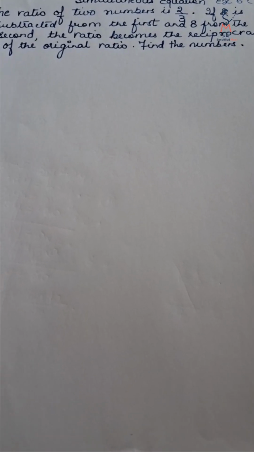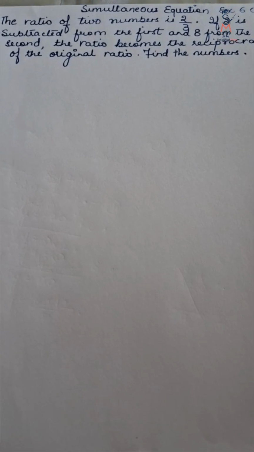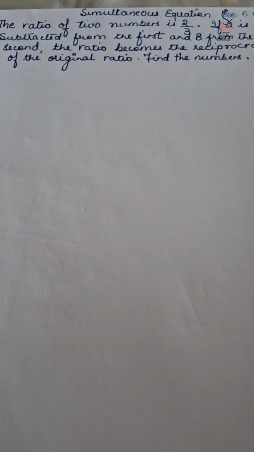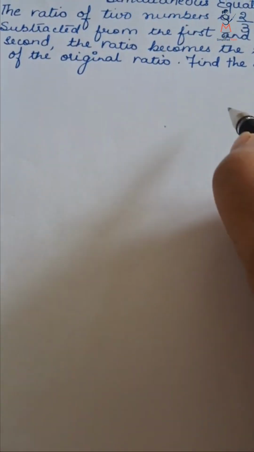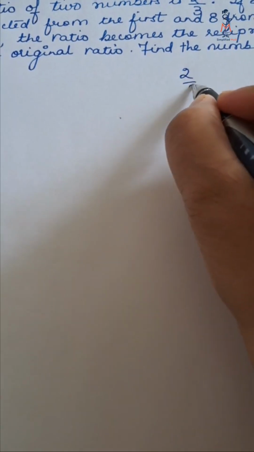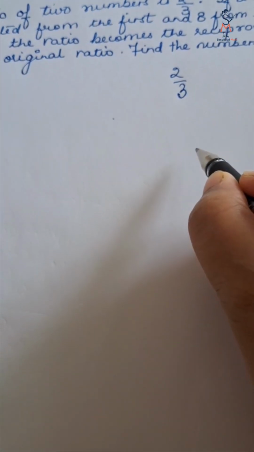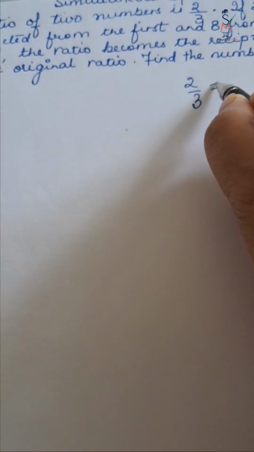That means if you're subtracting 2 from the first and 8 from the second number, the new ratio will become the reciprocal of the original ratio. So what is reciprocal? First we will understand that. Suppose the ratio is 2 by 3, then the reciprocal of 2 by 3 becomes 3 by 2.